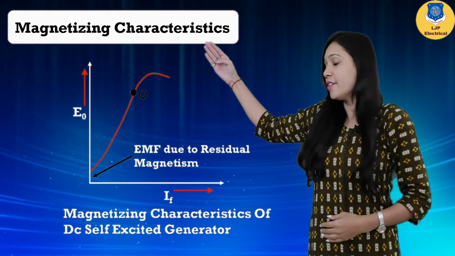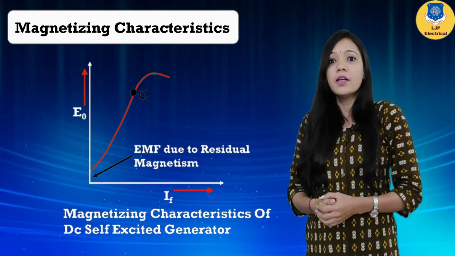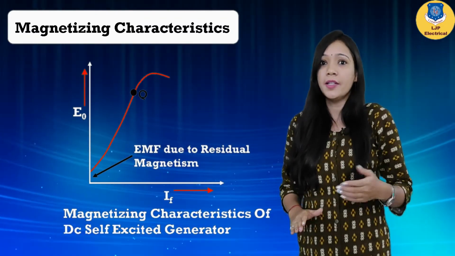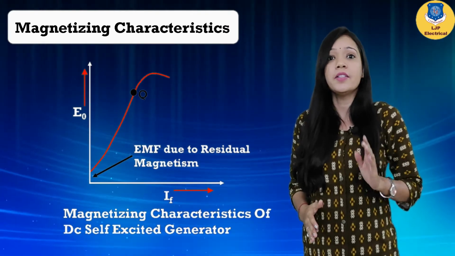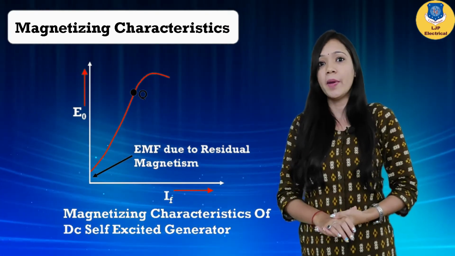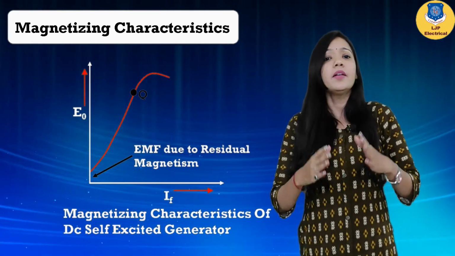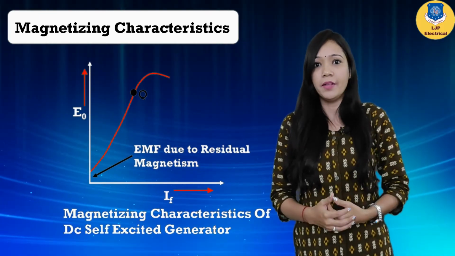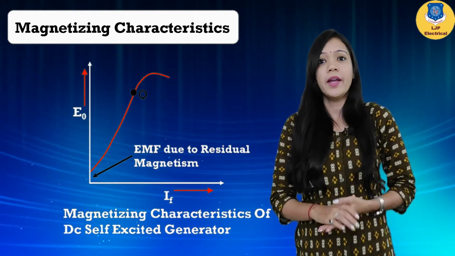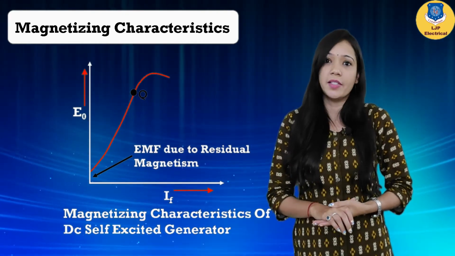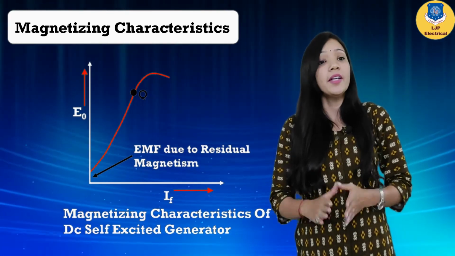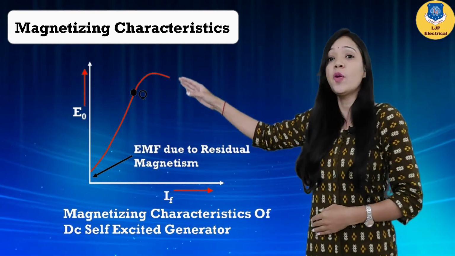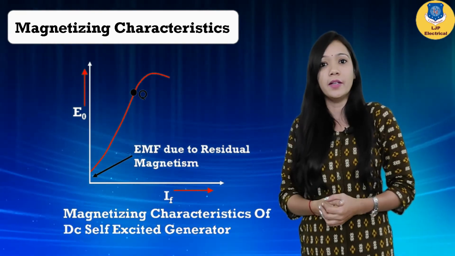From the characteristic you can see that some EMF is generated even when the field current is 0, due to the residual magnetism of the poles. The total reluctance is given by air gap reluctance, which is constant at low values of flux densities. Therefore, the generated EMF is directly proportional to the field current.